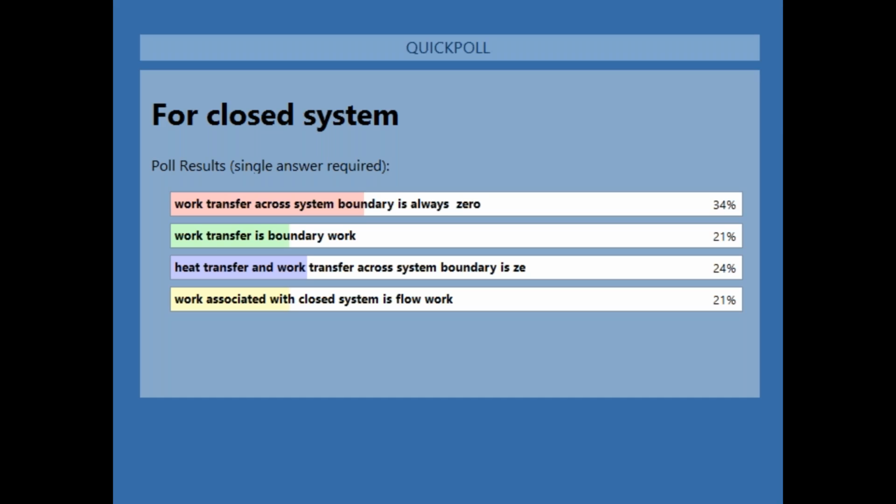And if it was an open system, the work transfer would have been the flow work, right? We'll discuss this again, but please note that the closed system interacts with the surrounding by heat transfer and work transfer, of which the work transfer is the boundary work, and not the flow work. So that is not the correct answer.